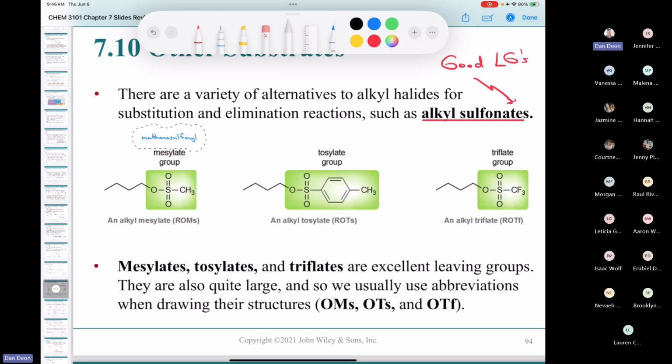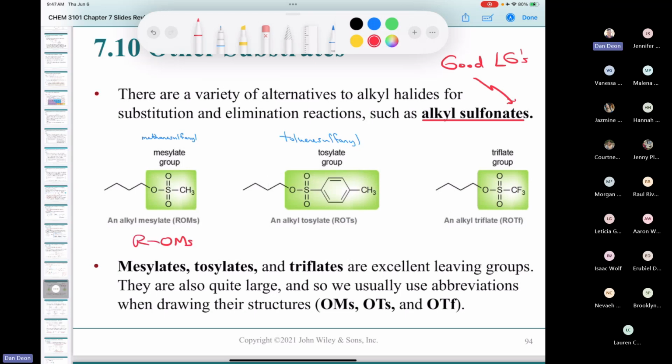The next one, the long form, is toluene sulfonyl. You don't have to know that. We use the shorthand, which is tosyl, so a tosylate group. And the last one is trifluoromethane sulfonyl. I'm not even going to write that down. We use the shorthand, which is triflate. We abbreviate the mesylate as OMs.